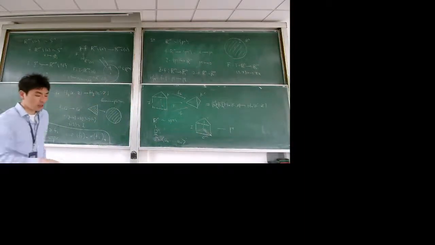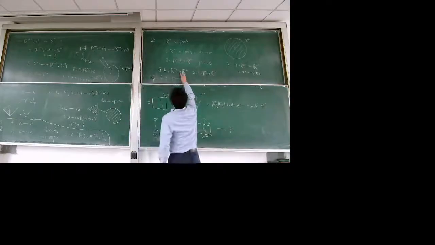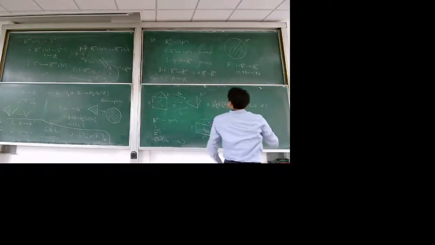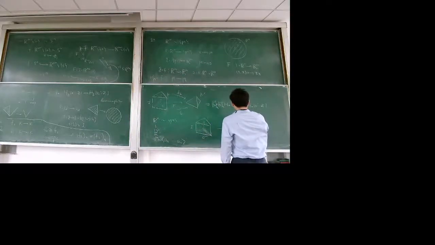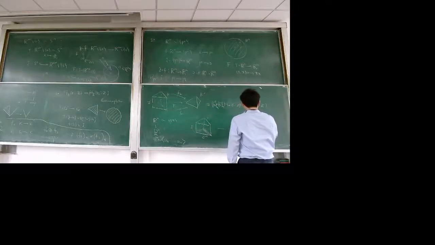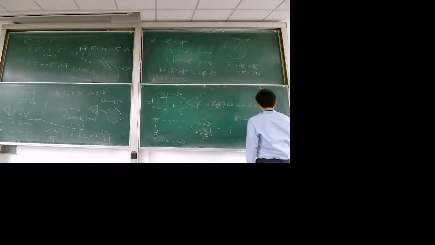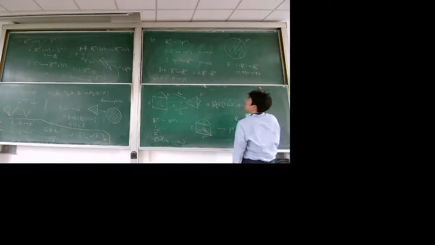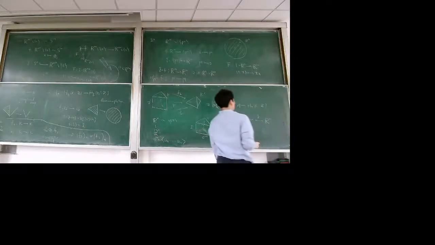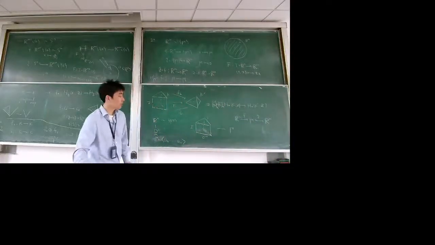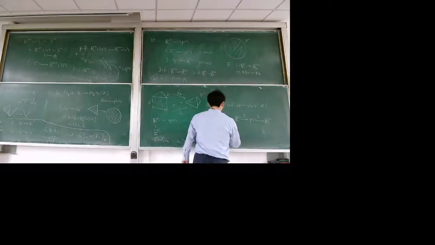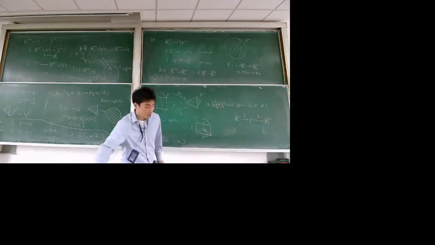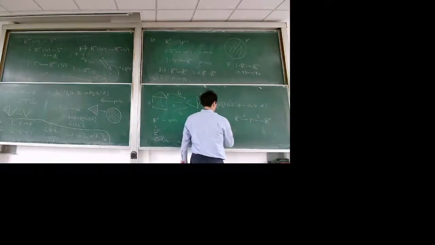How should I explain? Okay, here you have a map between... I think Rn to a point, and that is mapped by an inclusion map. So this is F and G. That will induce... Sorry, I think I should use this one.